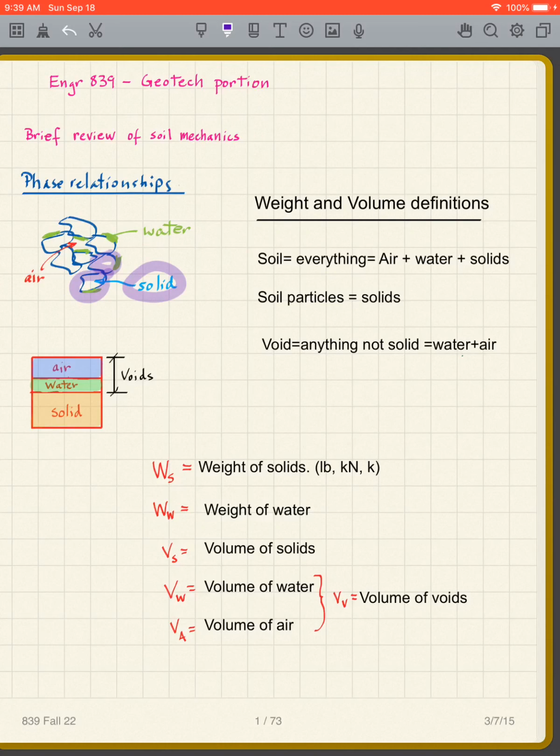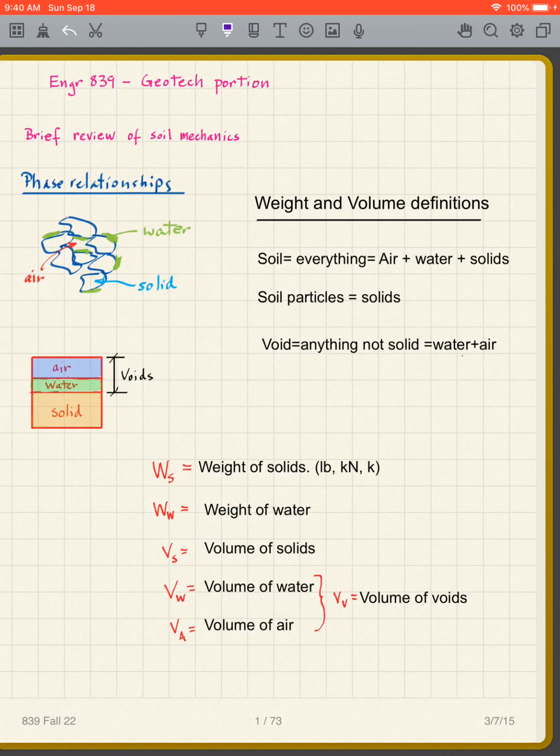So I will use maybe solid particles, soil particles, but those refer to the actual particles themselves, whereas when I say soil, I mean everything: air, water, and solids. Soil particle is the solids, and the voids are anything that is not solids, which is water and air.